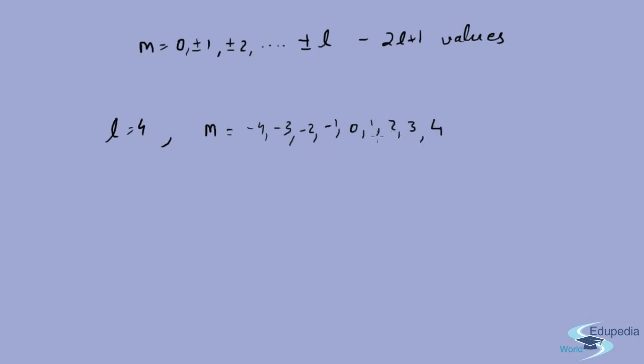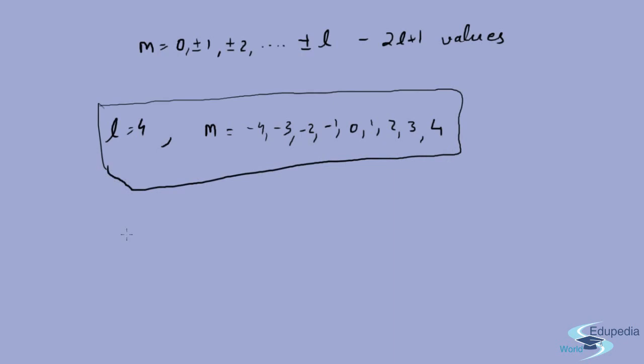You've already probably seen these types of values before. This comes out in the hydrogen atom, where L is called the azimuthal quantum number and m is called the magnetic quantum number. We haven't yet gone into the hydrogen atom because for that we'll have to put the Coulomb potential, but this is a result which is true for any potential that depends only on r.